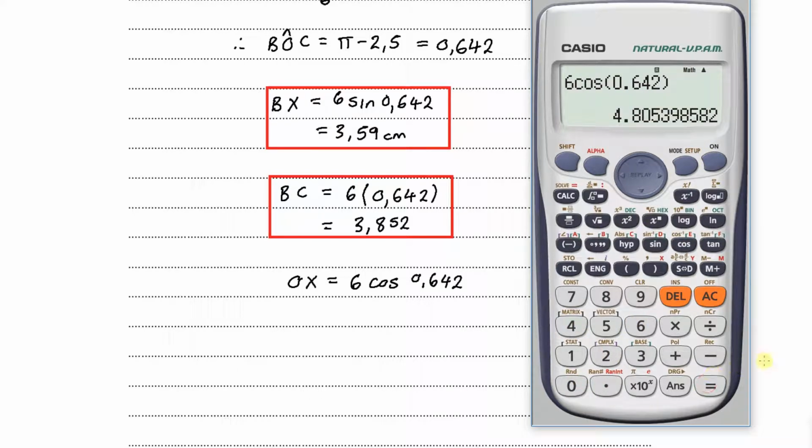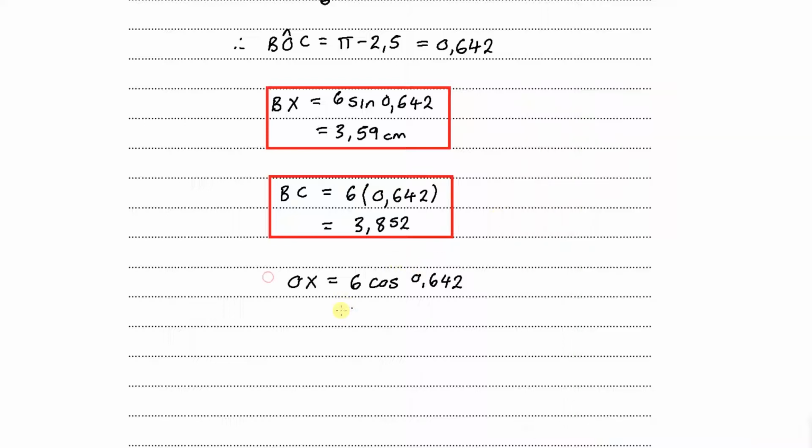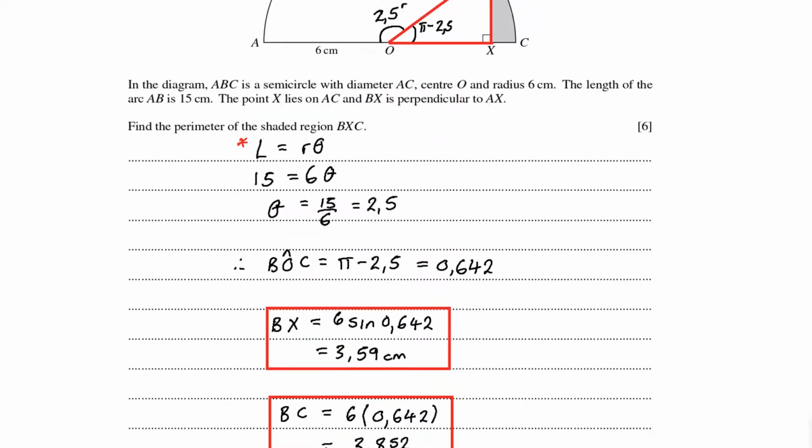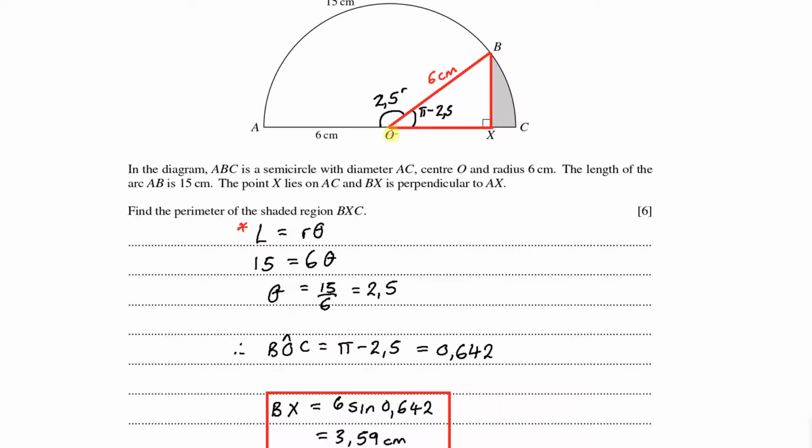And this gives me 4.805. And now since we know that OX is 4.805, we can subtract that from 6 because OC is 6. So if we subtract OX, then we are left with what we want, which is XC.